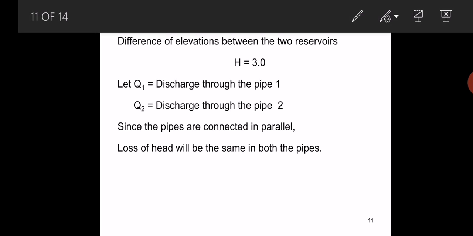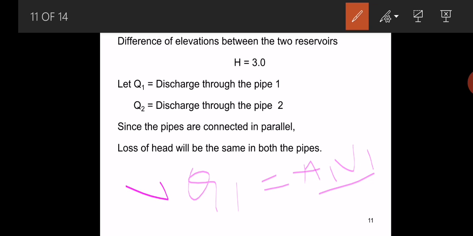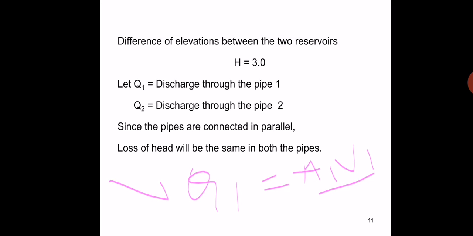From the equation hf1 is equal to 4f1 L1 V1 square by 2gD1, we can get the V1 value. We already know that Q1 is equal to A1 V1. From the above equation we get the V1 value, and from this we can get the Q1 value. In the same way we have to calculate the discharge Q2 for the second pipe.